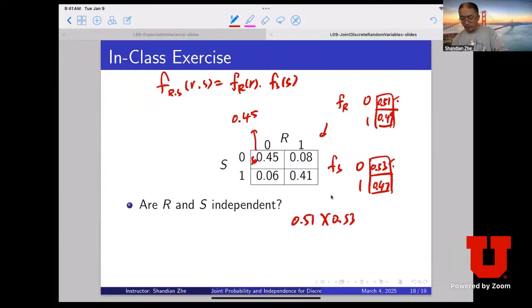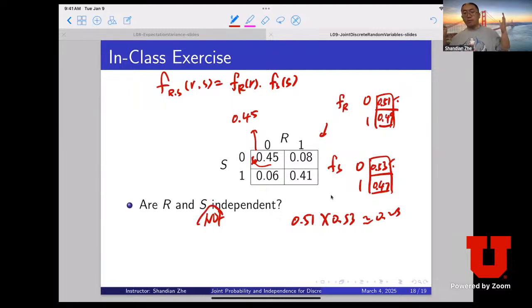This guy and this guy. Well, it's hard to say the exact value, but I guess it's around 0.25, right? Of course, it's very different from 0.45. What does it mean? It means R and S are not independent.